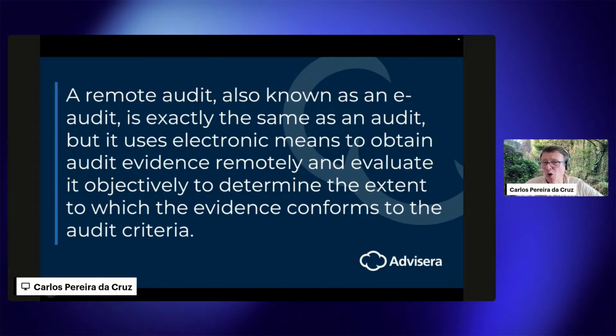So a remote audit follows the same audit process steps: the preparation, the performance, the reporting, and follow-up. During a remote audit, an auditor interviews the auditees in real time, and may use a computer, a tablet, a smartphone, CCTV cameras, even a drone, to view documents, records, and locations, and interview people.